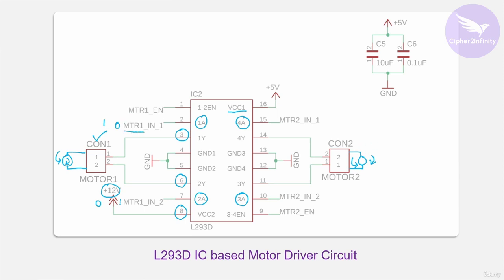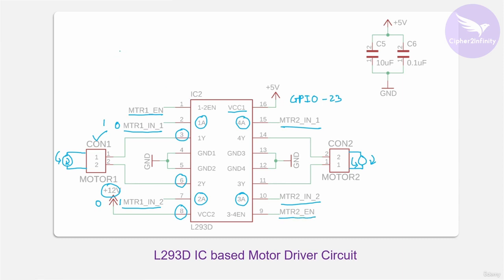So pin number 2, pin number 7, and then pin number 10 and pin number 15 will be connected to the GPIO pins of the microcontroller. You can connect these 4 pins of this IC to any of the 23 GPIO pins which you like. But I have connected pin number 1 and pin number 2 to a special pin.